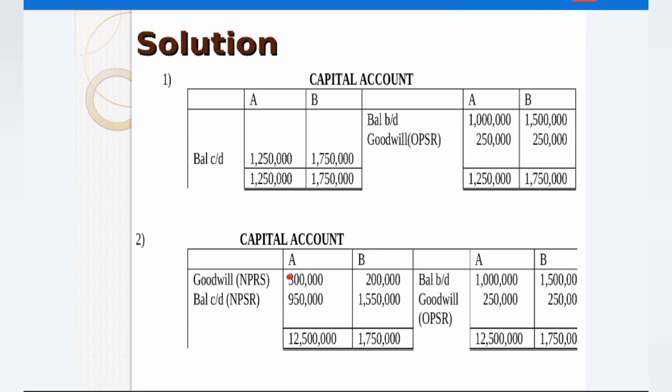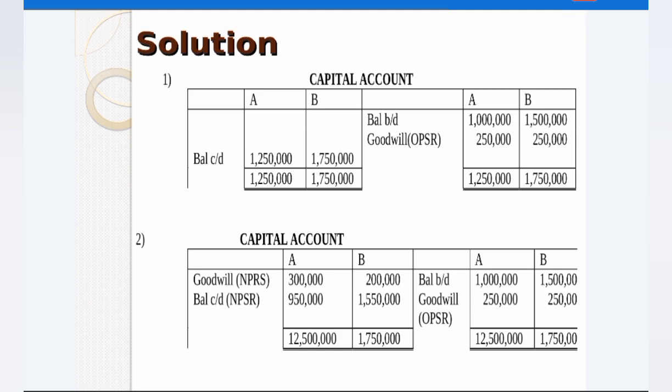So 3 over 5 of 500,000, the share of A is 300,000 and that of B is 200,000. When you balance off the account, the new balances for A is 950,000 and for B is 1.55 million. So those are the new balances if the goodwill is to be written off.